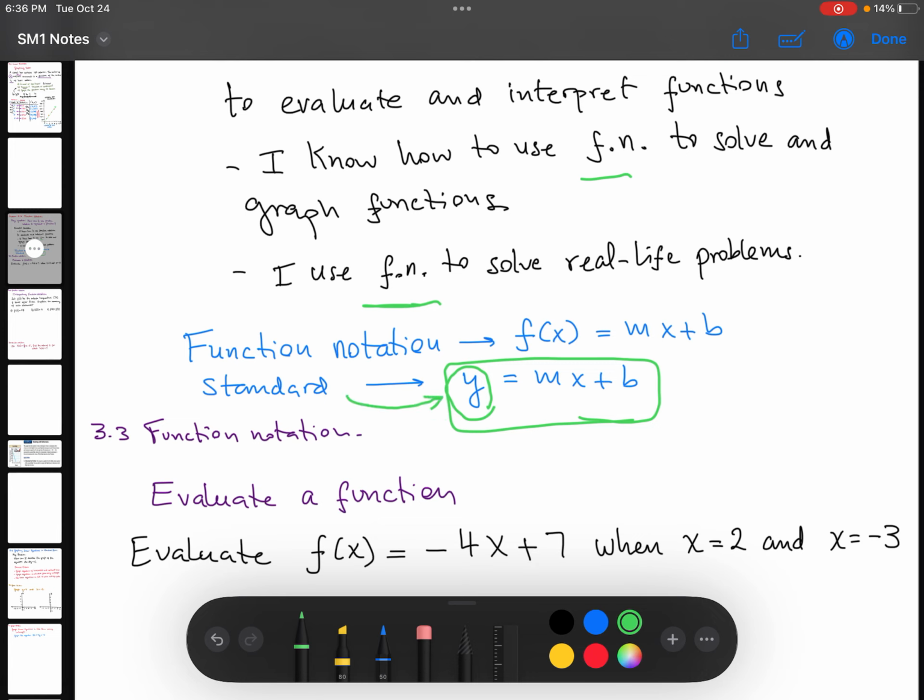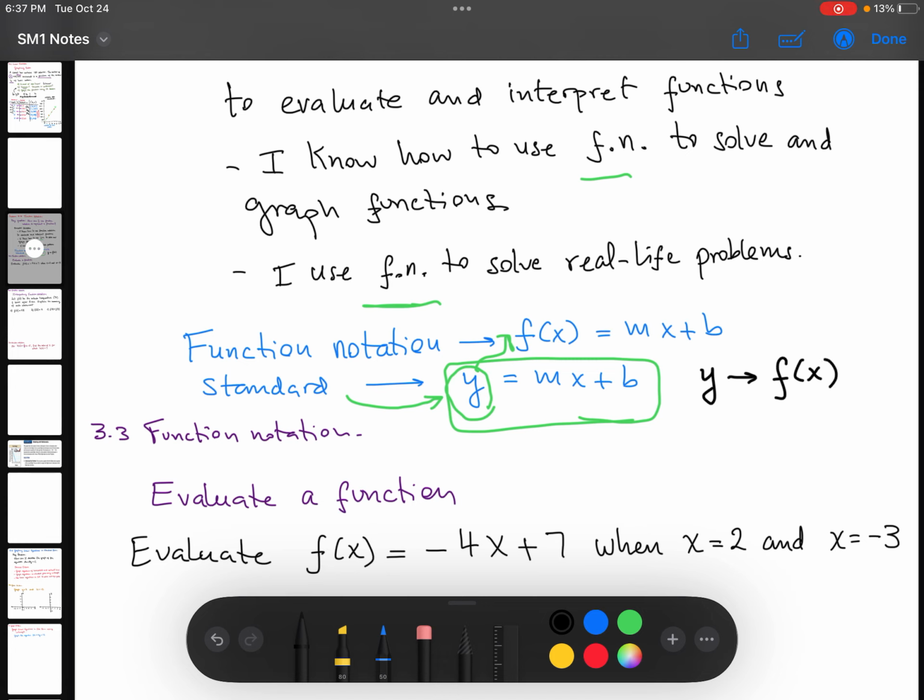But we can also see what we call function notation, where instead of you seeing the letter y, we are going to substitute it by the term f of x. Okay, and this is really important. So y transforms into something we call f of x.